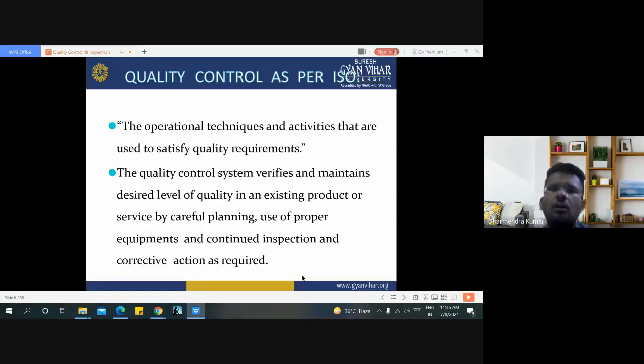Because overall, our aim is to characterize the overall product as per our desire or as per our requirement.